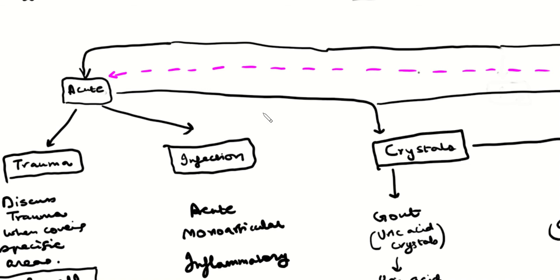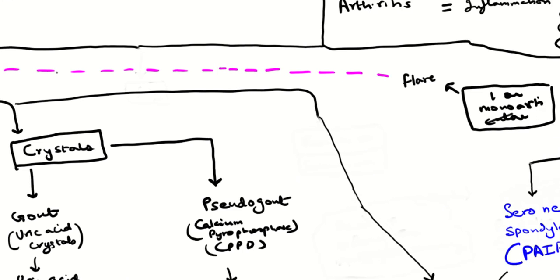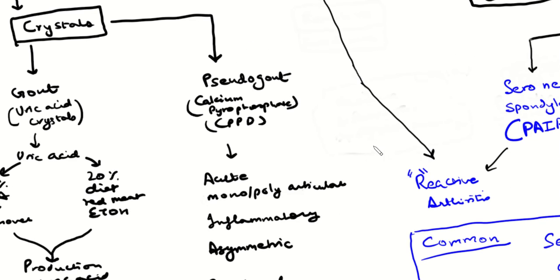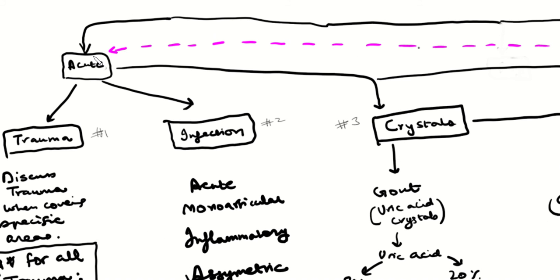You have trauma, infection, crystal disease, and fourth is reactive arthritis. Once again, you think of acute arthritis and it usually happens in one joint.